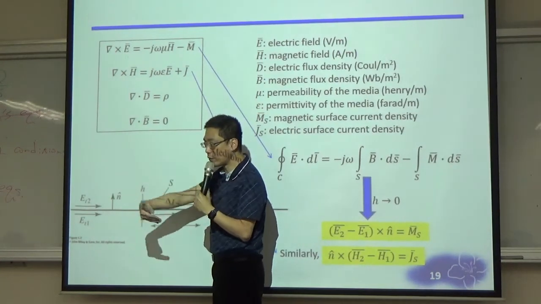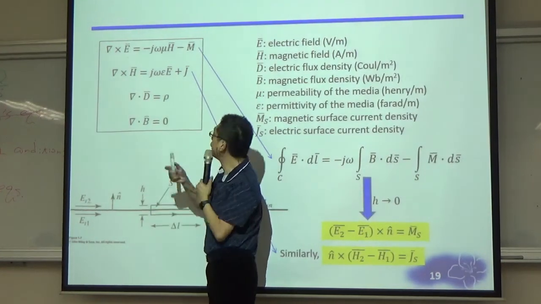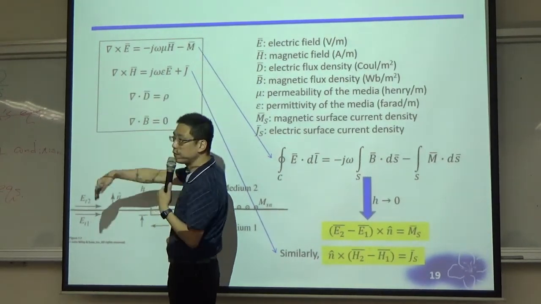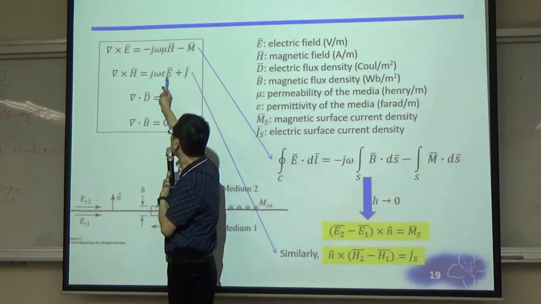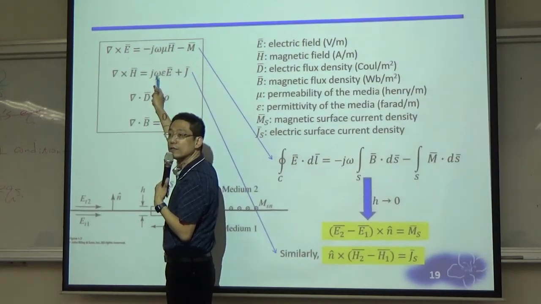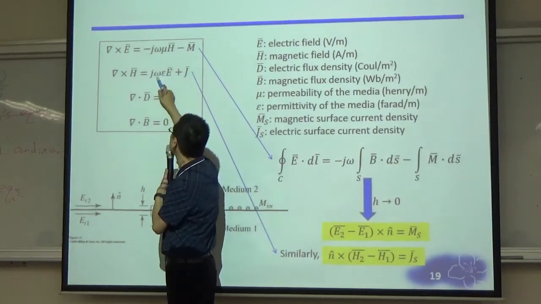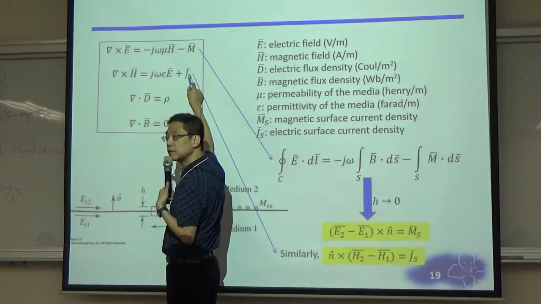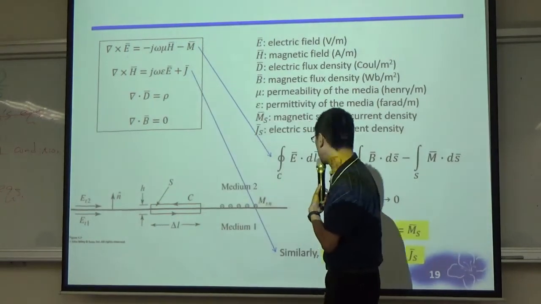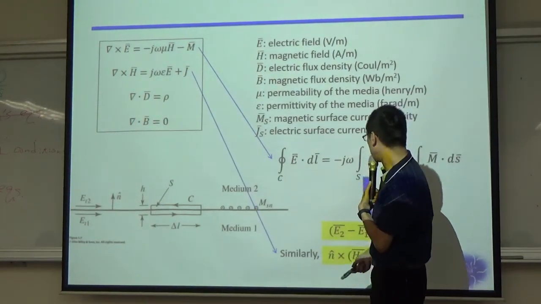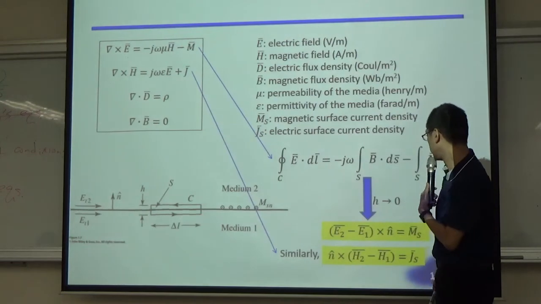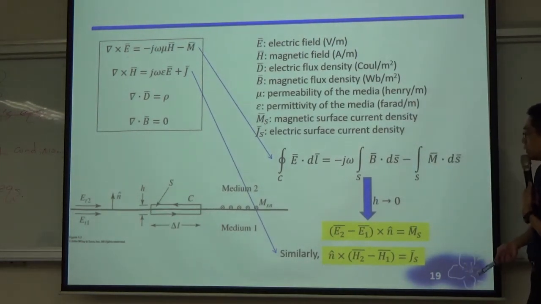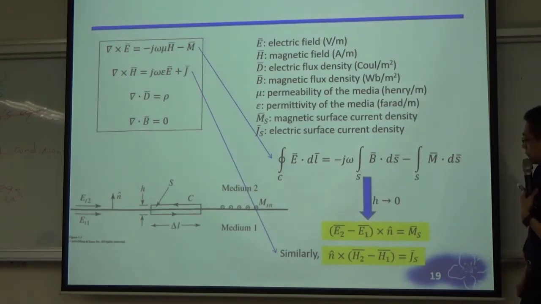The loop integral of the H field equals the changing of the E field, because it's j omega, changing with time. If this is not changing with time, it equals just J, the current. So we apply that to this one, and similarly, we can get a result.